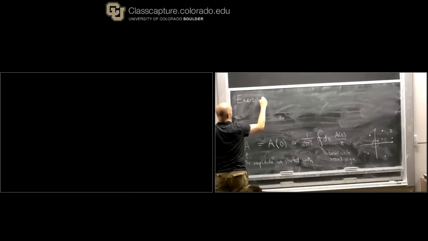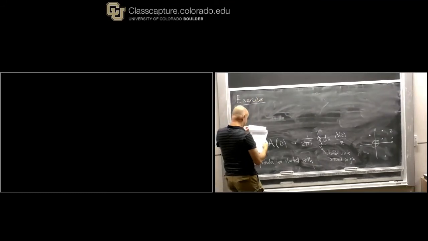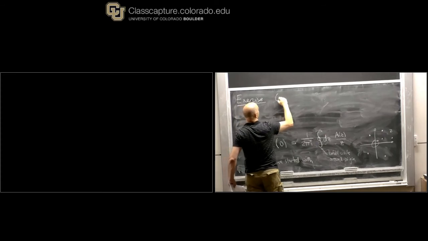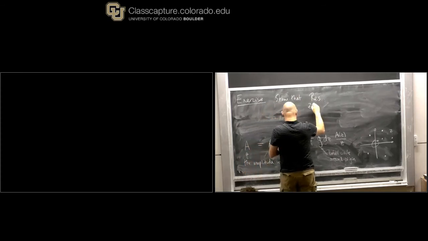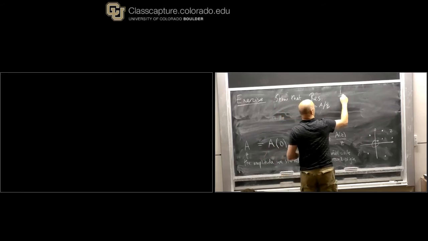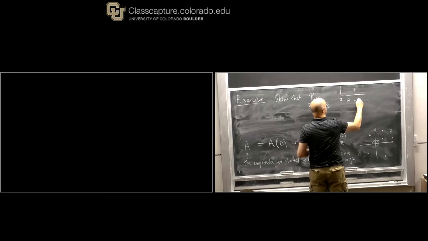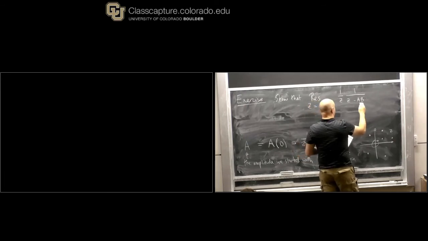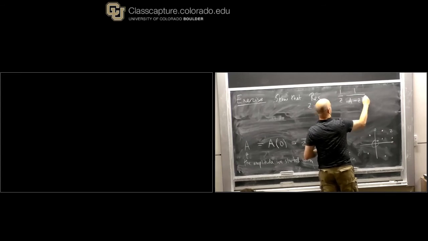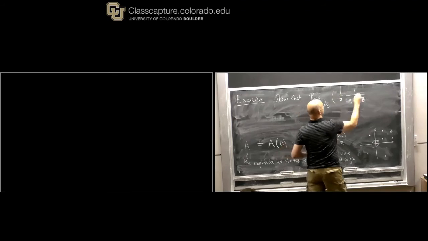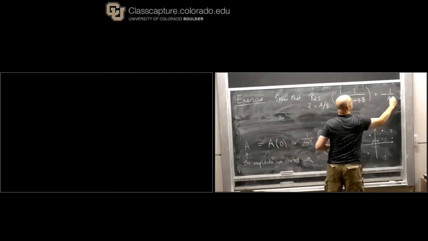So here's an exercise. Calculate or show that the residue at z equals a over b of 1 over z minus ab... sorry, a minus zb is minus 1 over a.